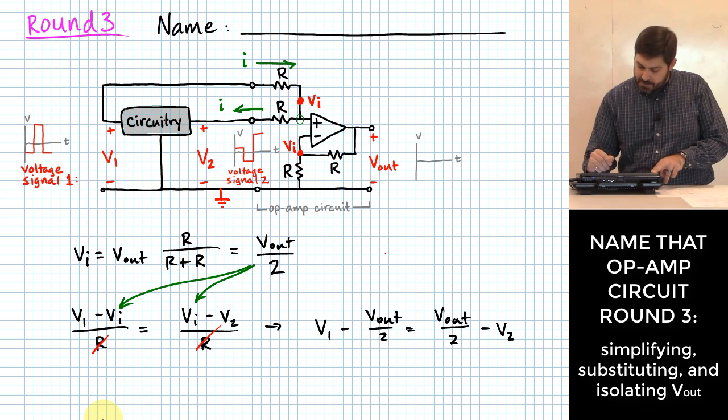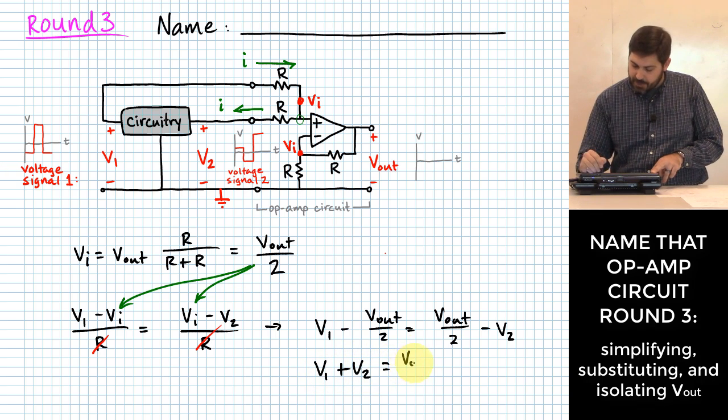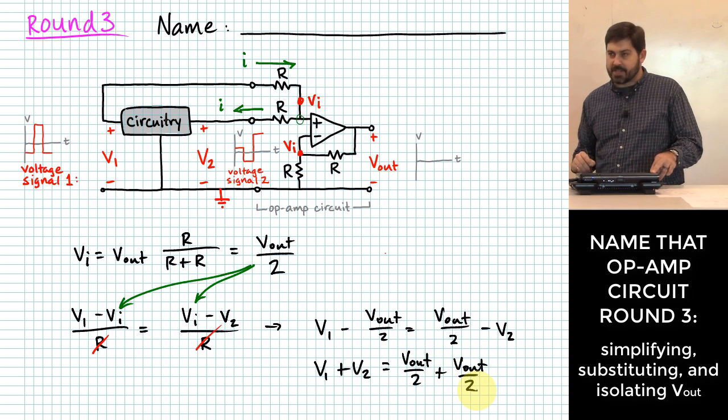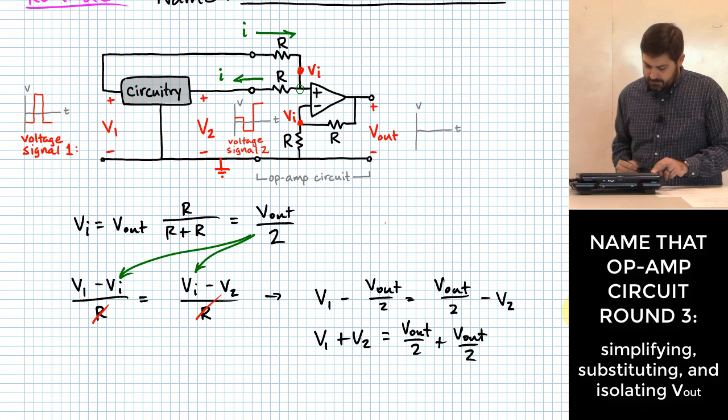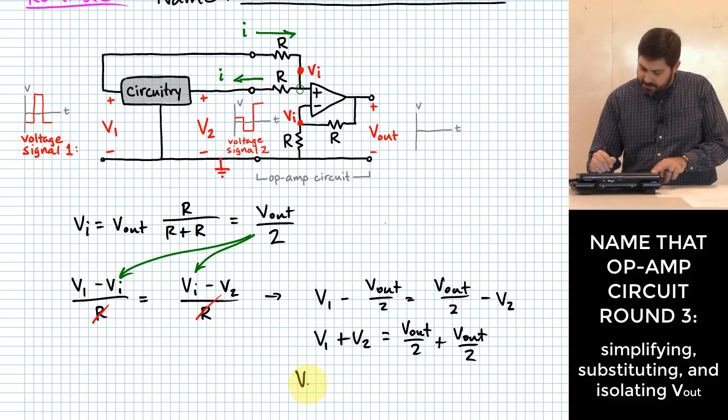Okay? That means I will have V1 plus V2 over here. This is going to be equal to V out over 2 plus V out over 2. But that's an awkward way to write V out. Right? So I'm going to rewrite it as V out is equal to V1 plus V2.